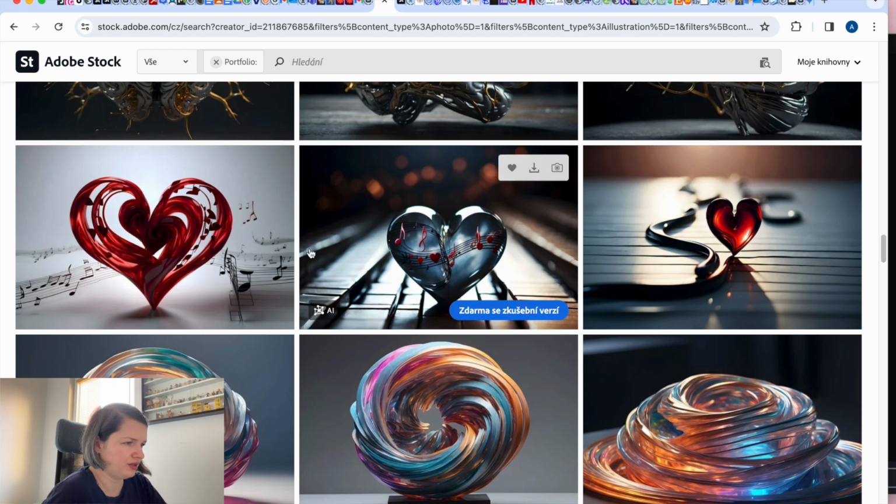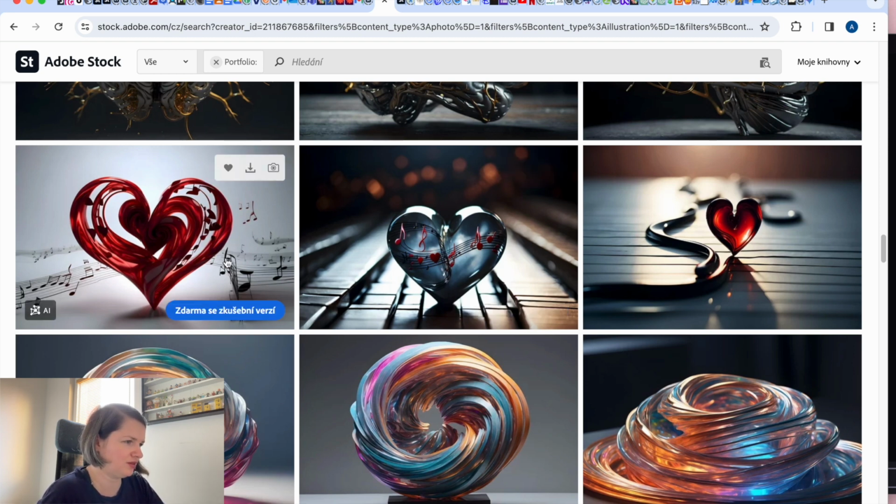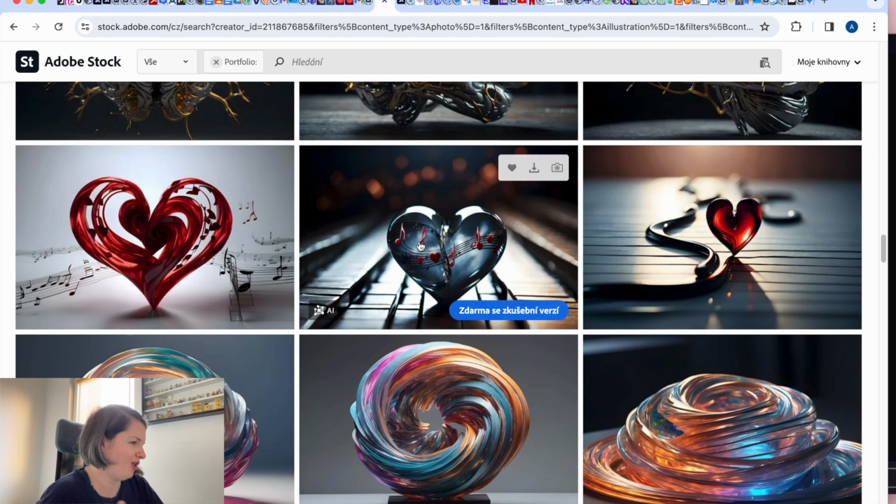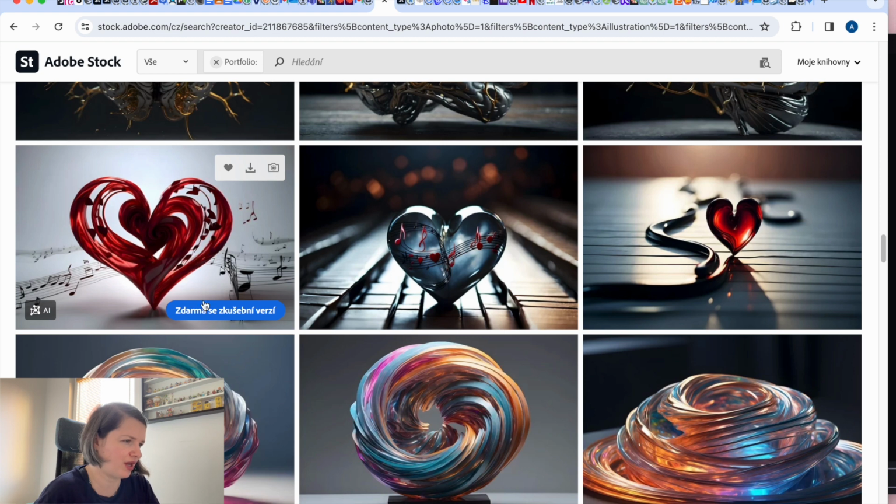So this looks like it is supposed to represent a love for music or something. To me, the images look a bit sad, with the grayish kind of backdrop.